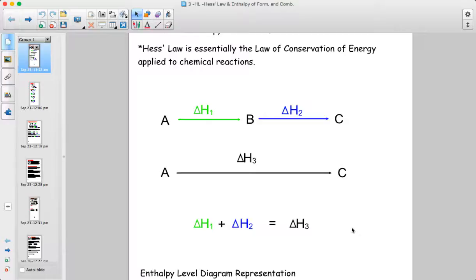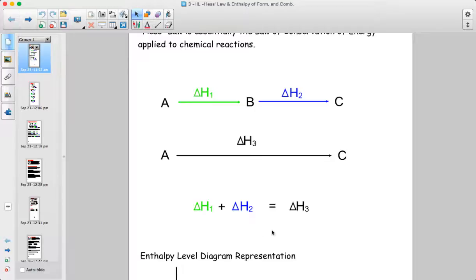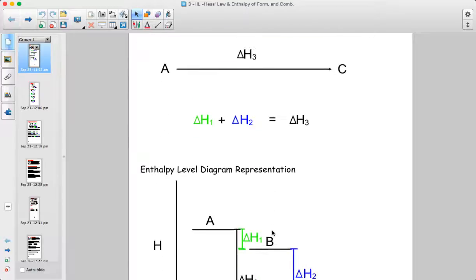So that's really the entire principle of Hess's law: when you have a change from initial reactants to final products, the total enthalpy change is the same whether you get there in one step or in a series of steps. This is the mathematical relationship between changes in enthalpy.